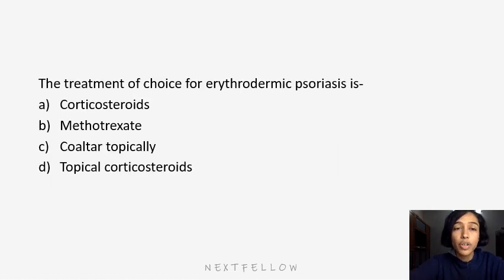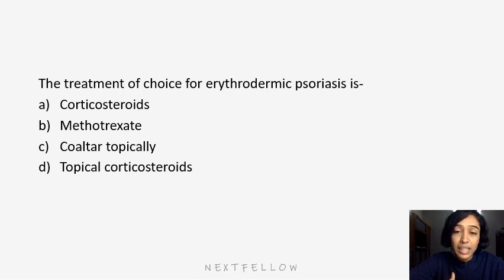So the treatment of choice for erythrodermic psoriasis is corticosteroids, methotrexate, coal tar topical, or topical corticosteroids. Oral corticosteroids are contraindicated in most cases of psoriasis. Coal tar cannot usually be used to treat erythrodermic psoriasis. It is also an irritant in some cases.